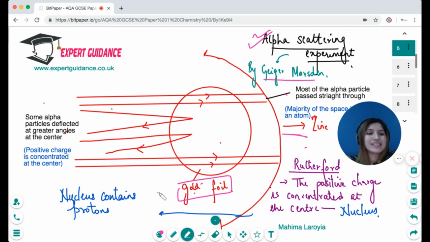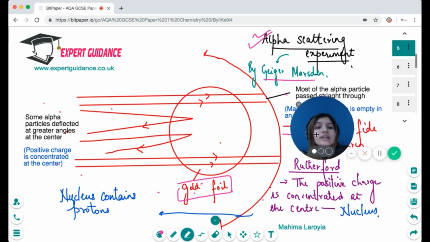But to their surprise, they found that the majority of the alpha particles went through undeflected, and there were minor deflections, and at the center there was a greater deflection, and some of the alpha particles just bounced back by 180 degrees.